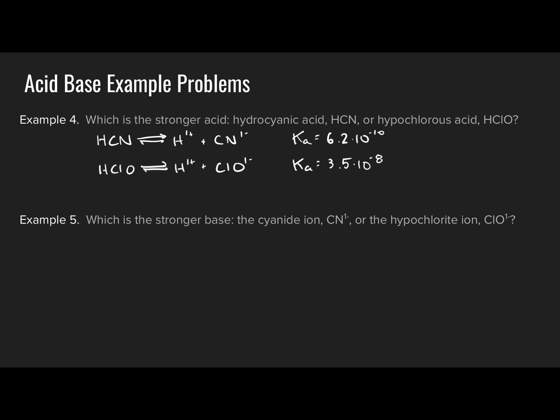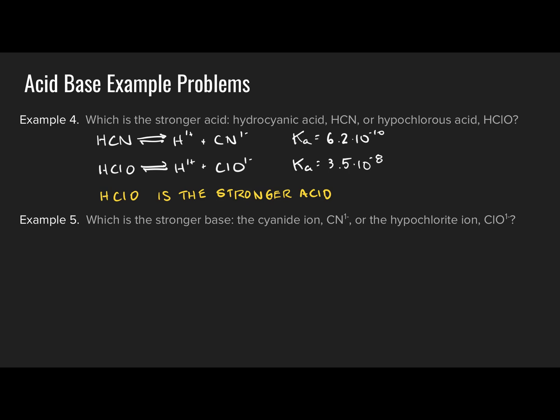Now recall from our discussions of equilibrium, the larger the value of K, the more heavily the system favors the formation of products. And for an acid, that implies the higher the degree of dissociation of that particular acid, the larger the value of K, and therefore the stronger the acid. So I can identify that hypochlorous acid, HClO, will be the stronger acid of this pairing as it has a larger value of Ka than does hydrocyanic acid, HCN.